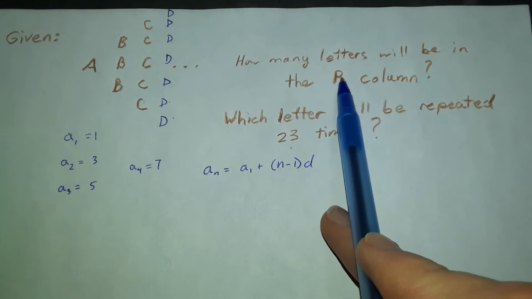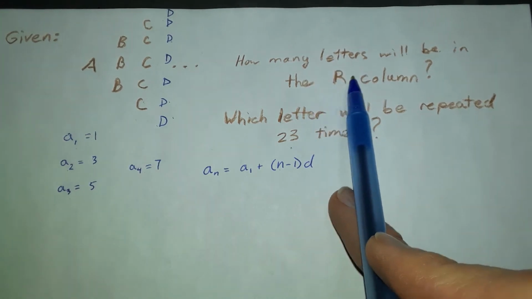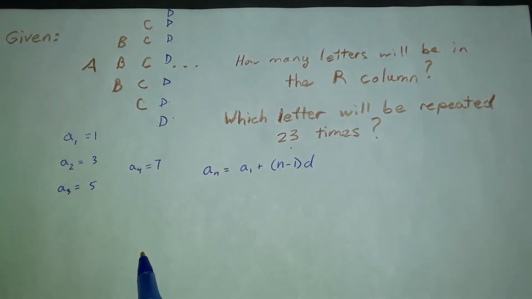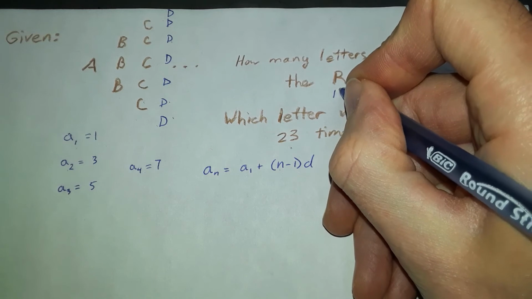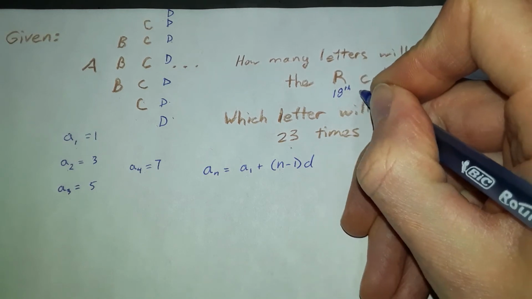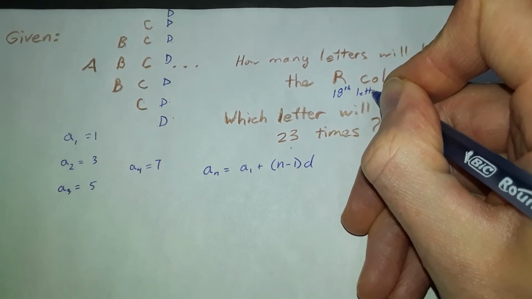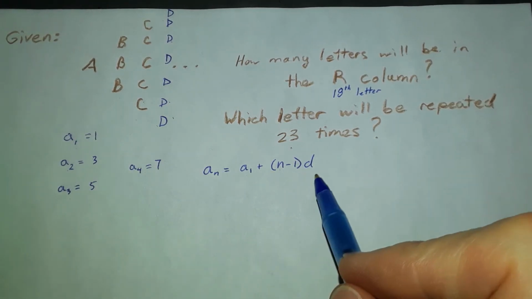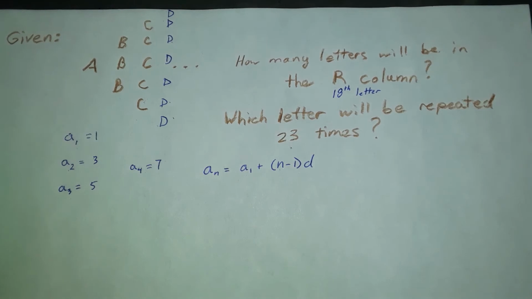To figure that out, we've got to convert R into a number. And so R is the 18th letter of the alphabet. So this is the 18th column. So that's going to be important for us in using this formula also.